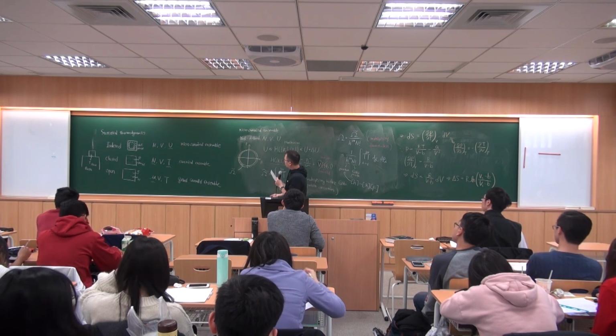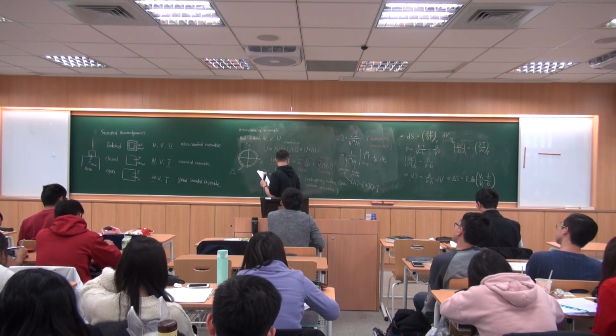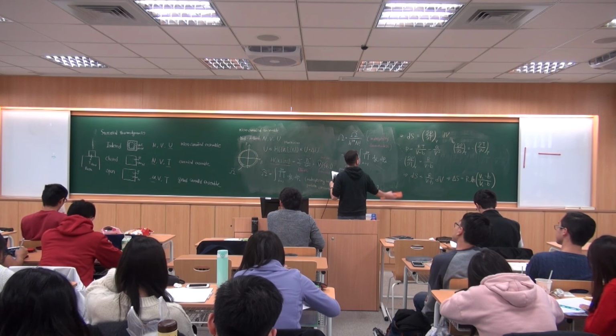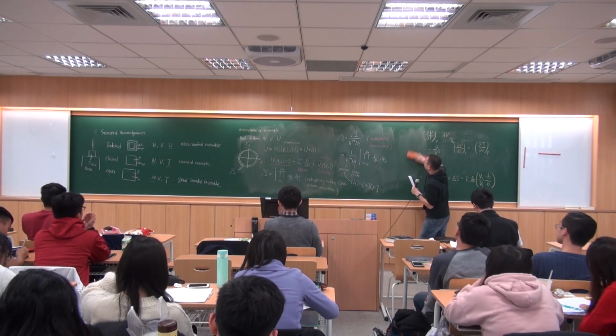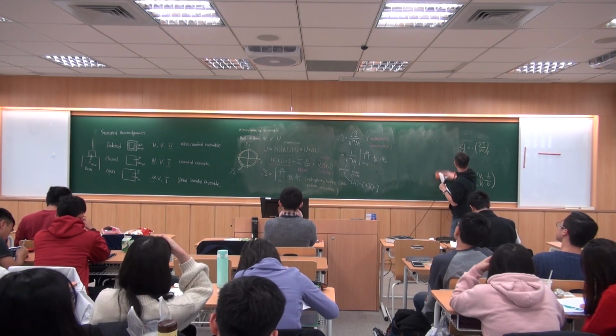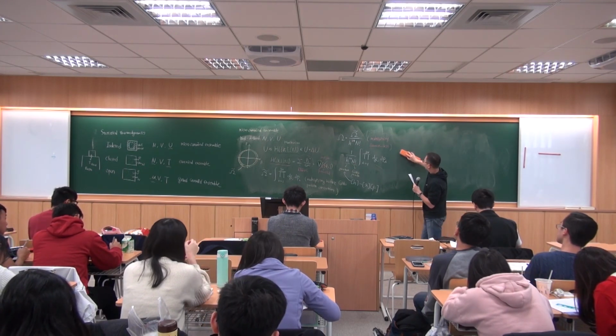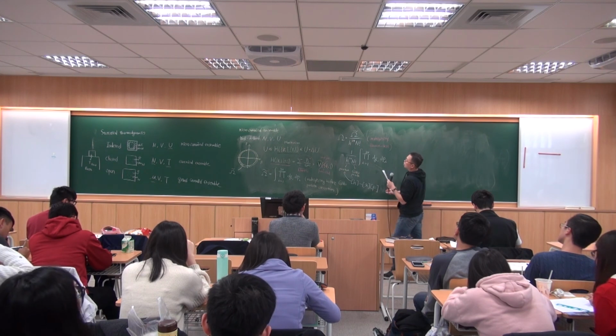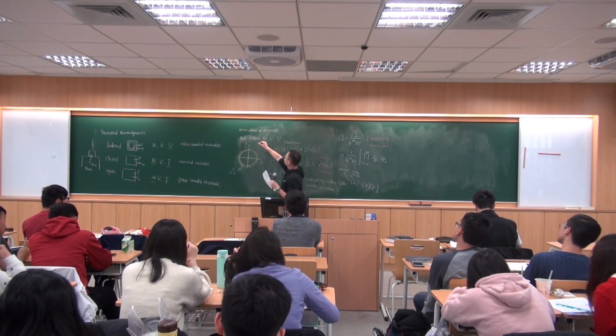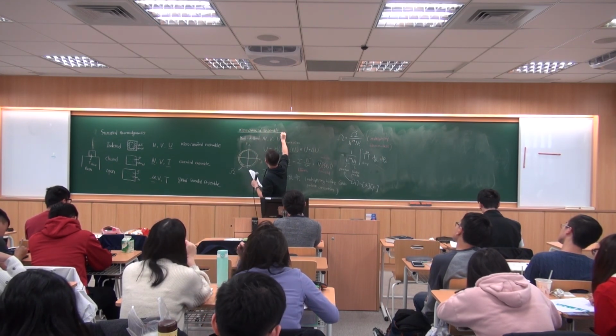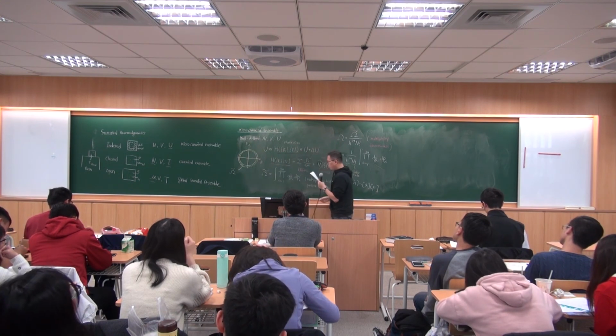And let us assume that distribution is uniform. Therefore, for microcanonical ensemble, there's a distribution function.